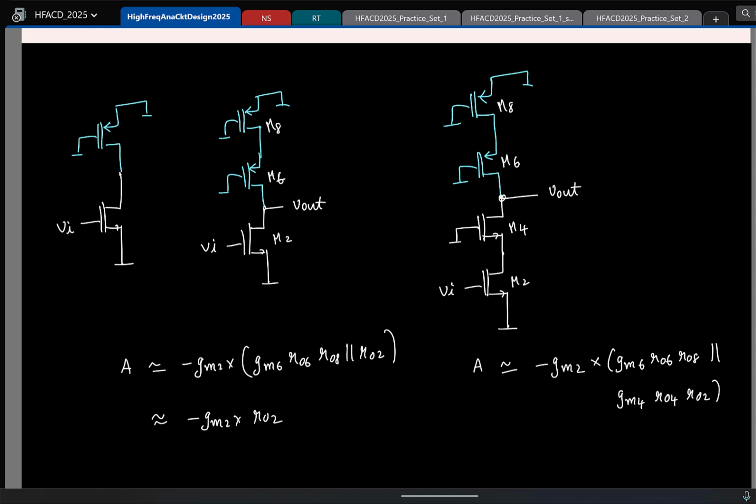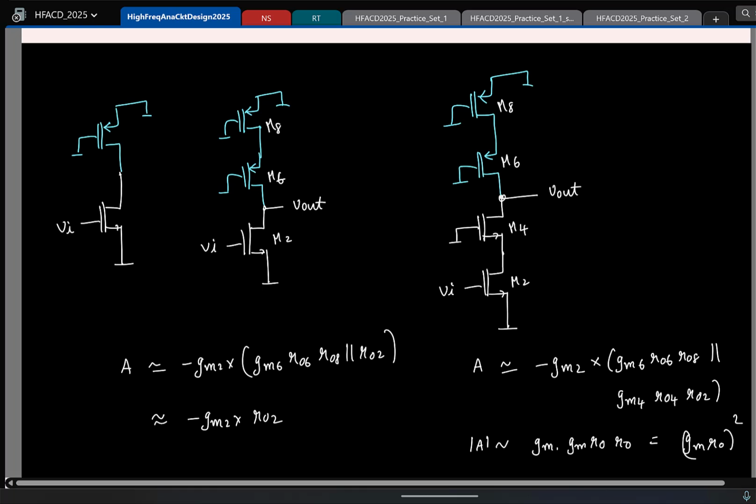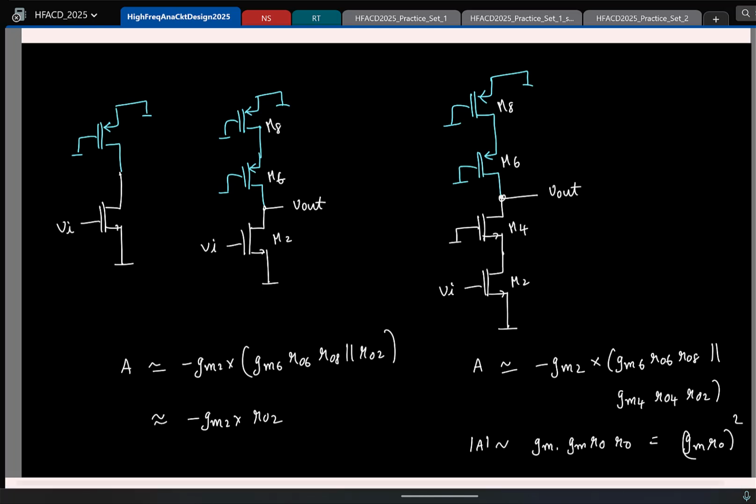So if I just assume that all gms and ros are equal, and I take the magnitude of the gain, since I don't want to play with the negative sign, this is some gm times gm ro times ro, so this is of the order of gm ro squared. So this seems like one nice way to increase the output resistance and to increase the overall gain.